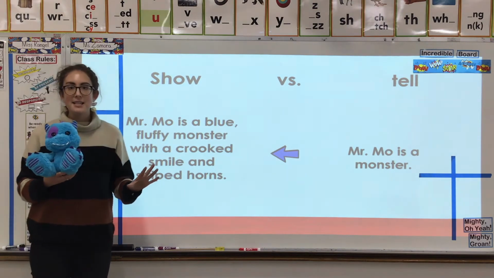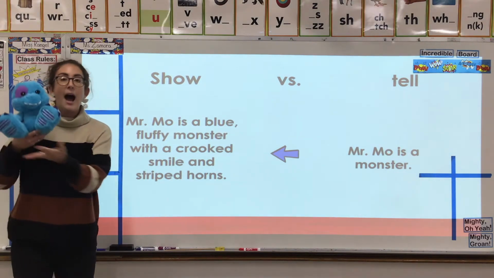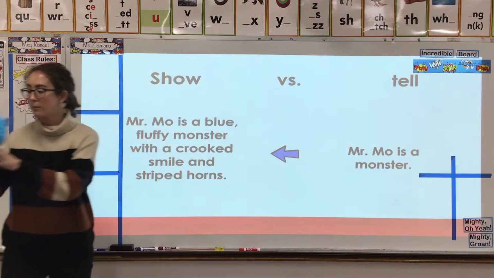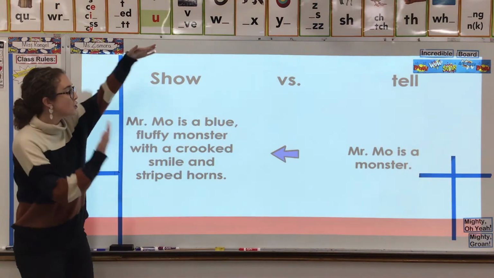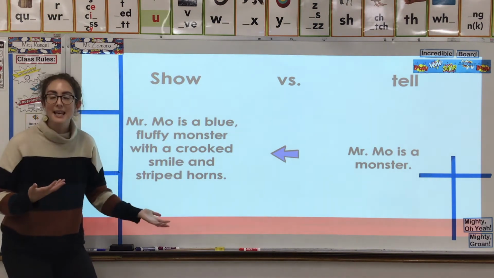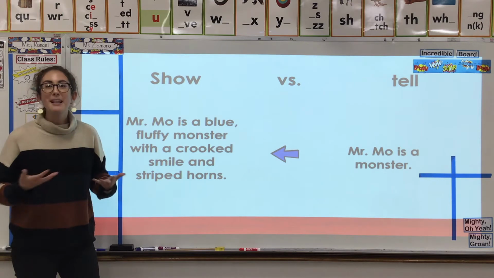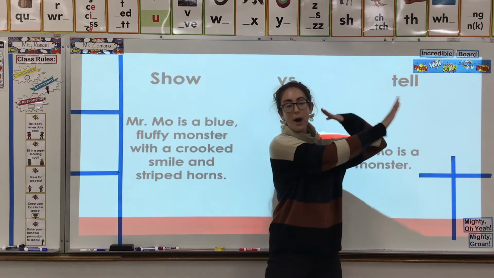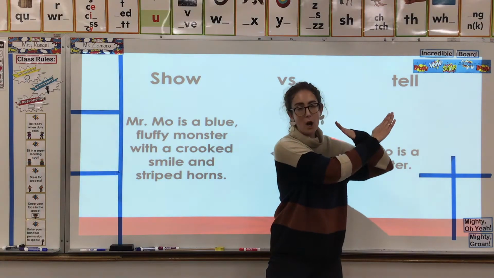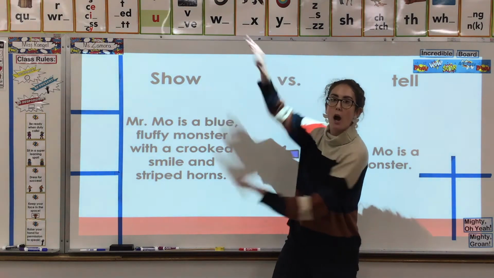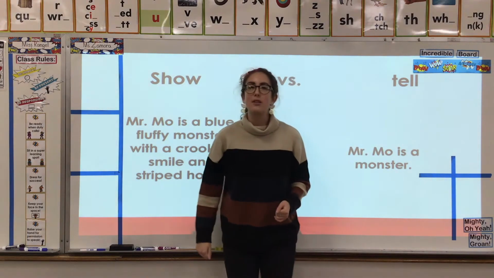In one sentence with my words, I explained 3 different aspects of the way Mr. Mo looks. It is so much better and more interesting to see what the writer is writing about. So remember, we want to avoid telling our reader about our character, and instead we want to show them our character with our words.